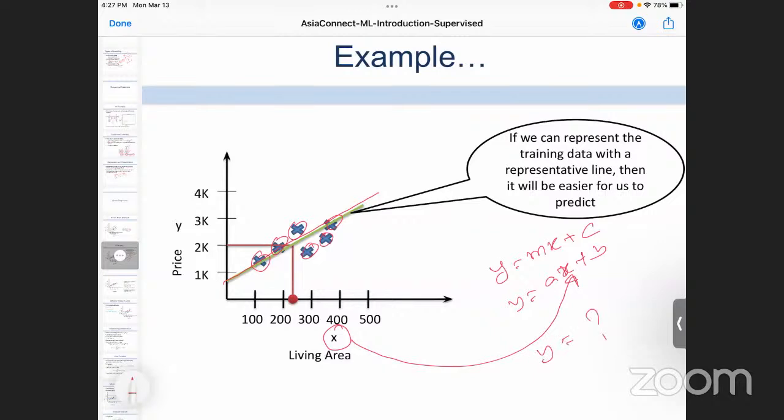To get a line, you have to know a and b, or m and c. And when you give x as input to this line, it can give you y. You just replace x, a and b, then you can get the desired y. Here, y equal to 200k. So this is the simple linear regression problem.